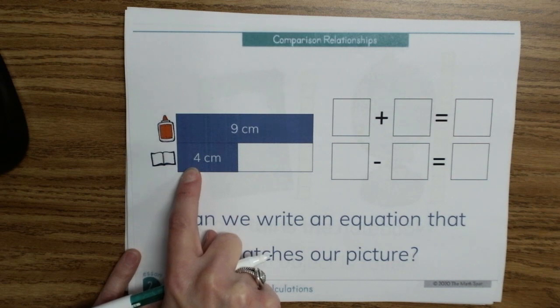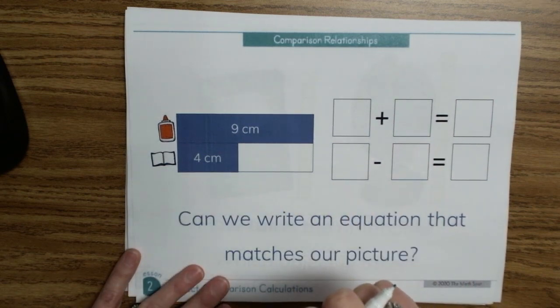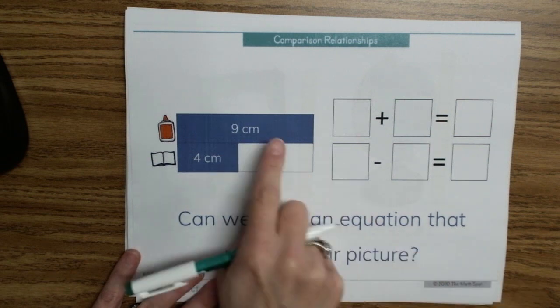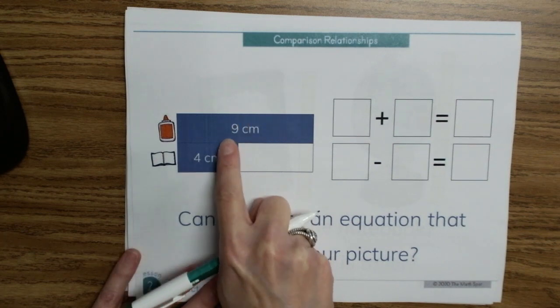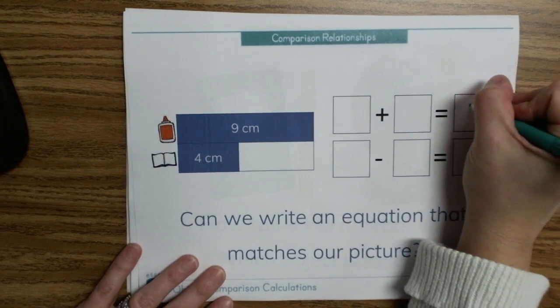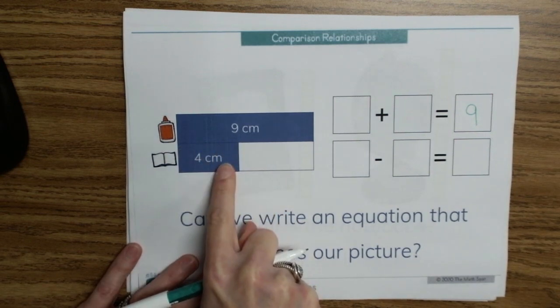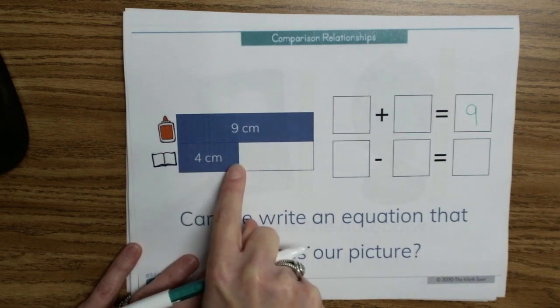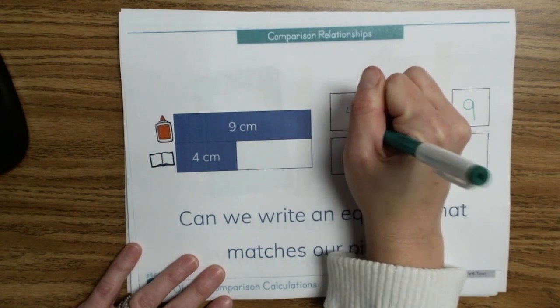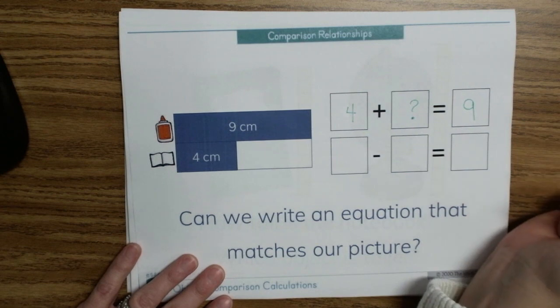So can I write an equation to match my pictures? Okay, so the 9 is what they're trying to get to, okay? So 9 is what we're trying to catch up to. Well, the book has 4, so we need to figure out how many more he needs to get to 9.